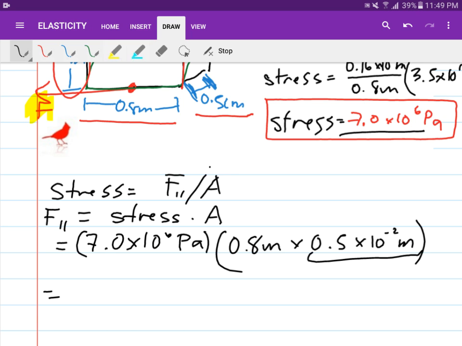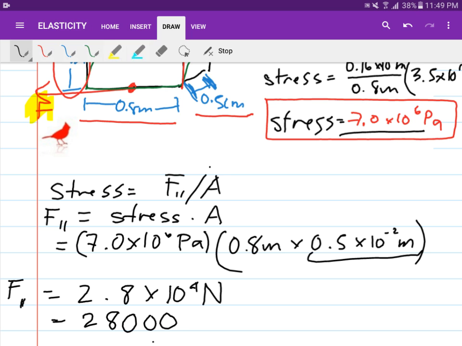So we should have the force of the earthquake to be 2.8 times 10 to the 4 newtons. So this is actually 1, 2, 3, another 0. So this is 28,000 newtons.